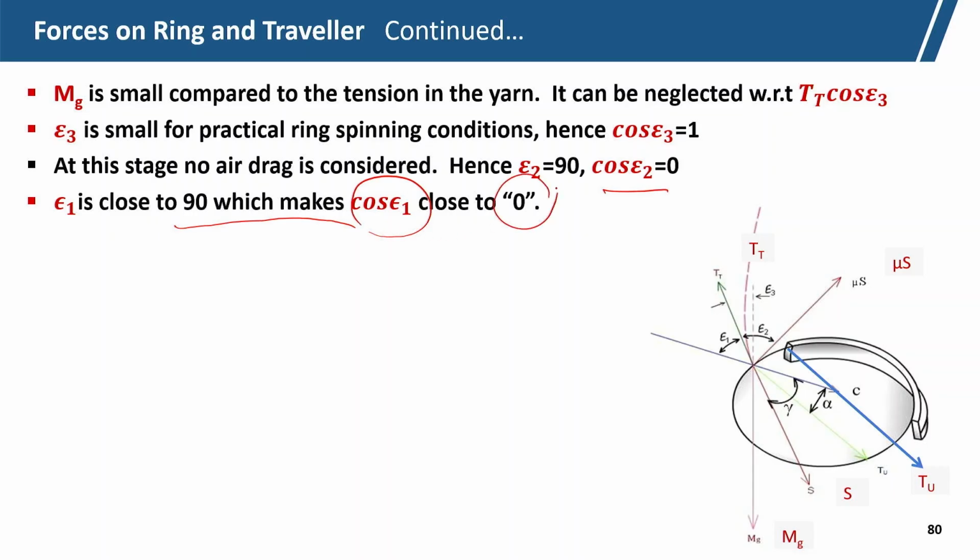So, epsilon 1 is also 90 degrees, epsilon 2 is also 90 degrees. Hence, A mu cos epsilon 1 can be neglected, so that will become 0.